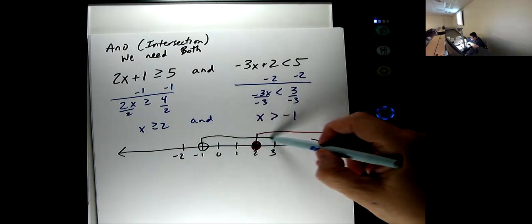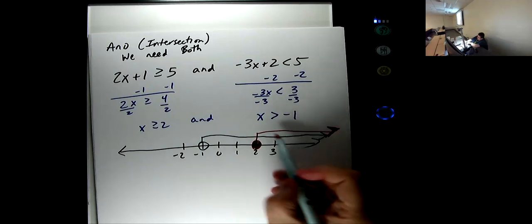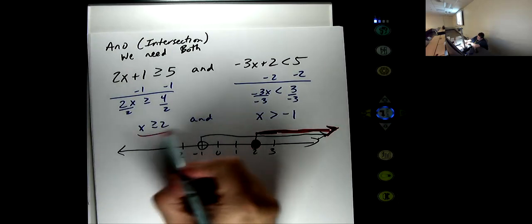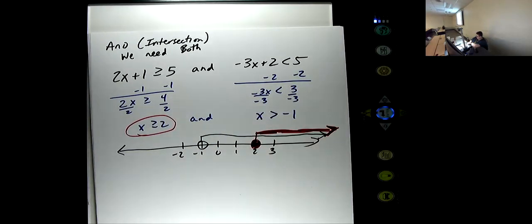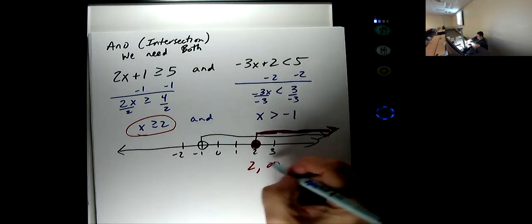It goes this way also. So the region of overlap is actually just the red line. It was the original one that actually met everything. We would have 2 to infinity.